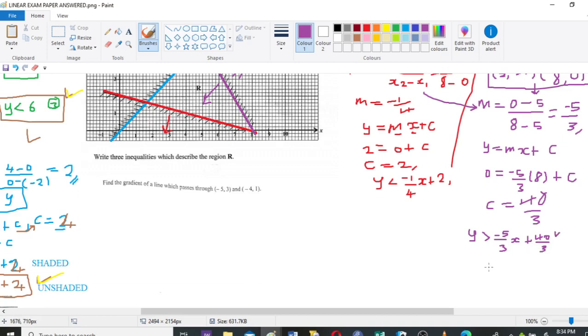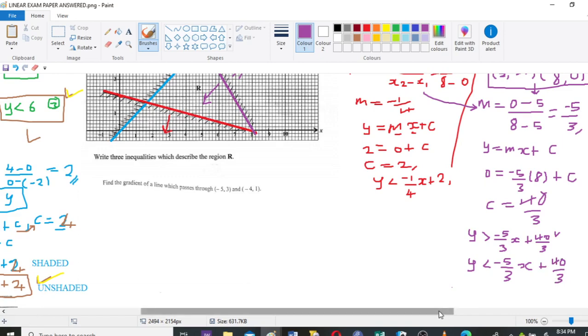So this inequality is describing the shaded region. The inequality describing the unshaded region will be the opposite of what we have, which means the inequality describing the unshaded region is y is less than negative 5 over 3 x plus 40 over 3.